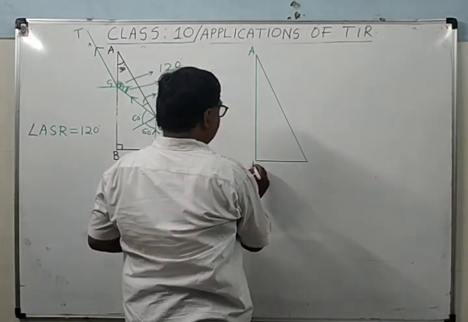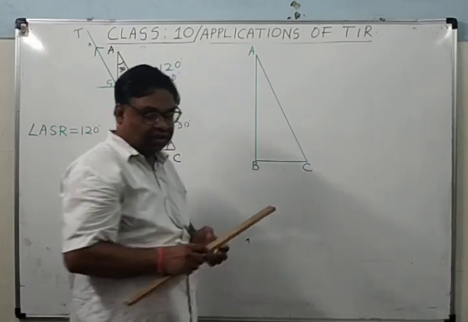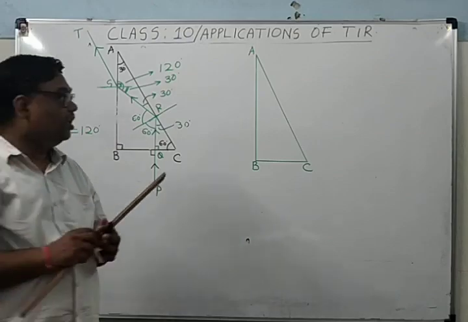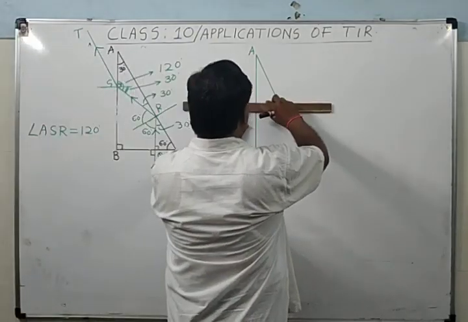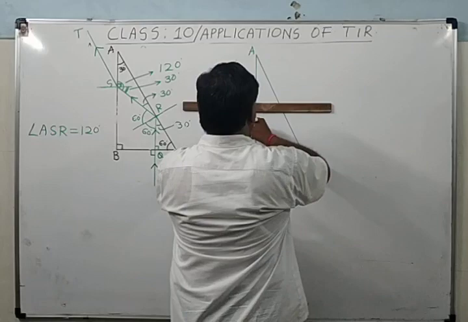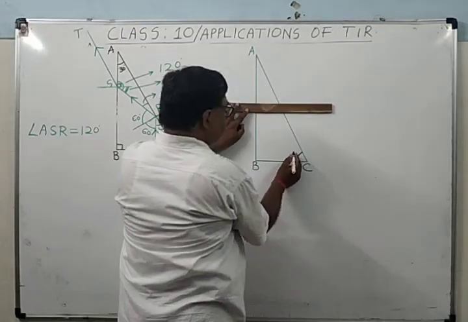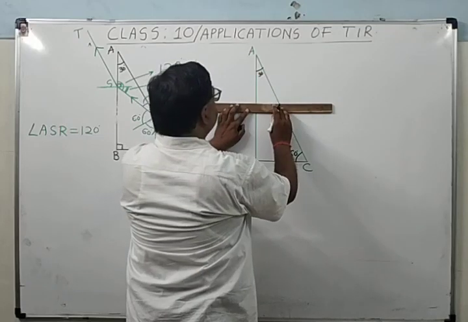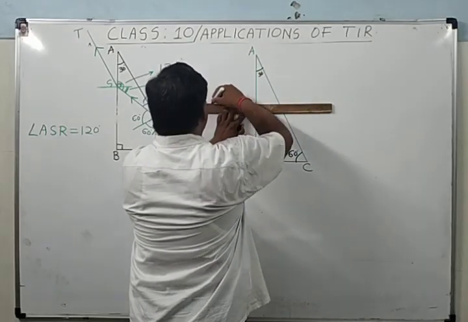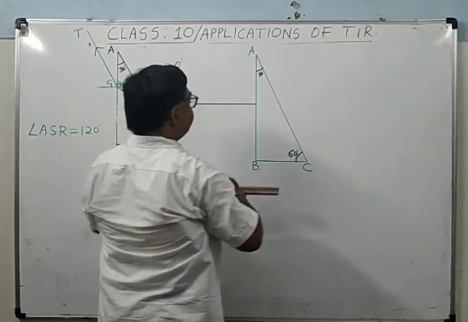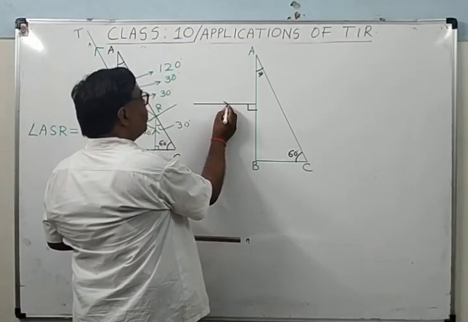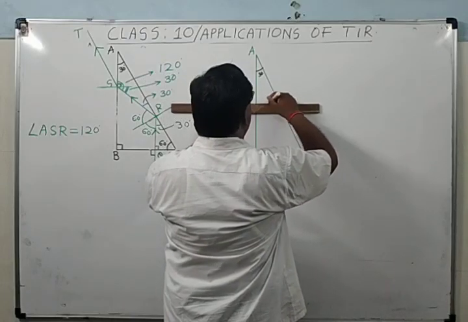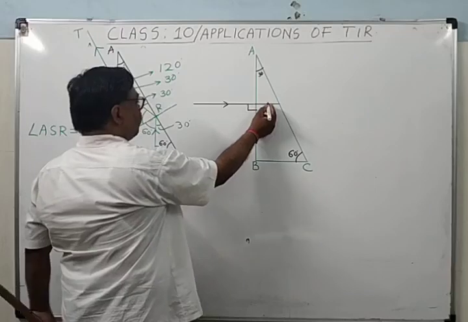If the ray is falling perpendicularly to the AB, you can see here, this angle is 60 degree, this is equal to 30 degree. Falling perpendicularly to the AB, so what will happen? It will pass undeviated. Undeviated means it will go this way.